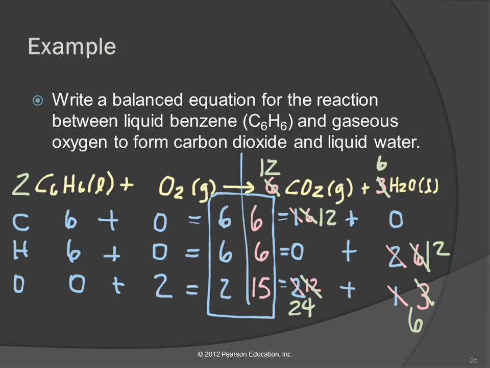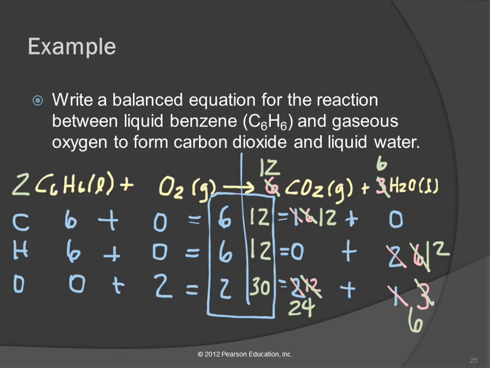You following me? So then, over here in my totals, I've got 12 and 12. And down below I have 24 plus 6, which I'm pretty sure is 30.